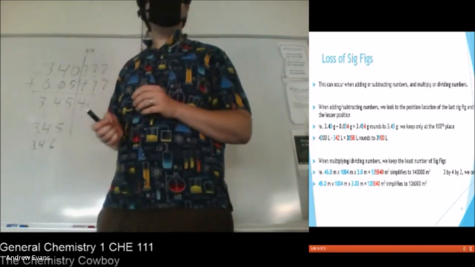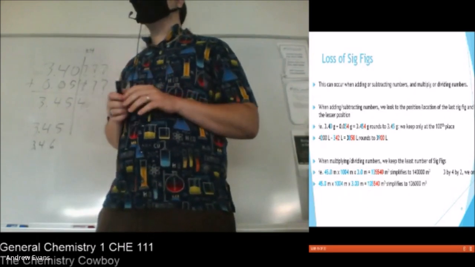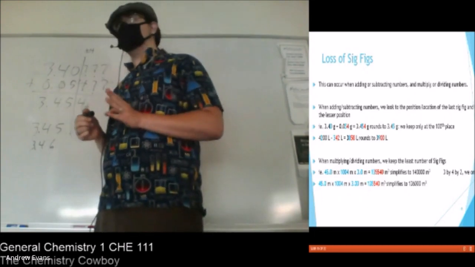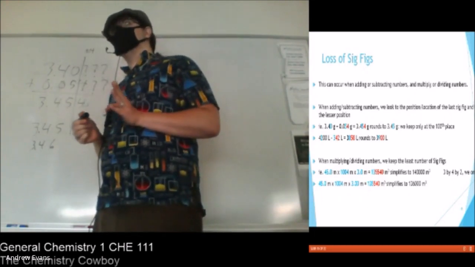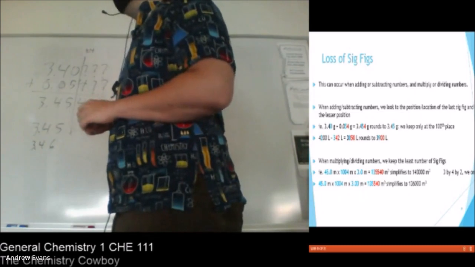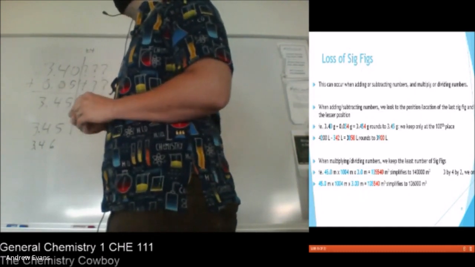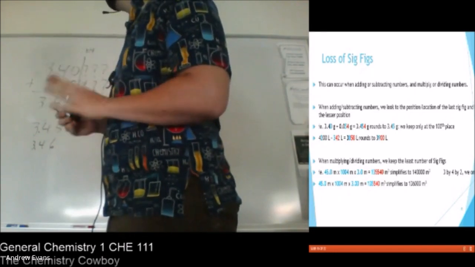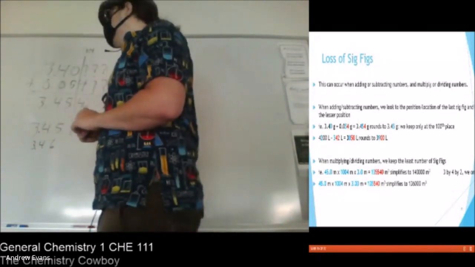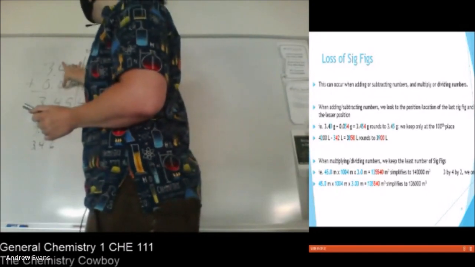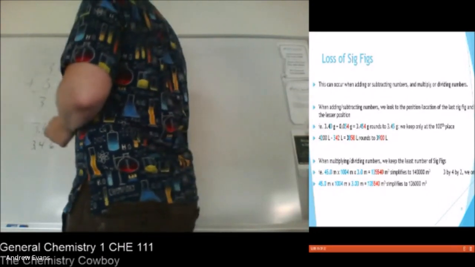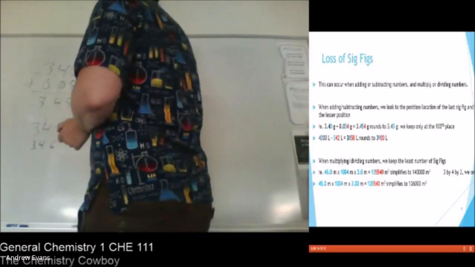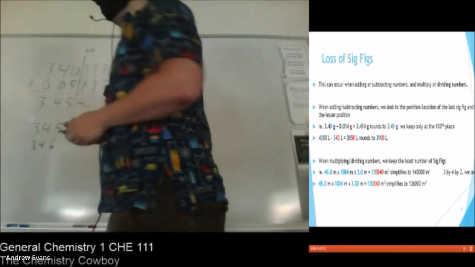I know it's between there, but I don't know any more accurately than that. I know this is tricky. I know this is not the most fun math because it's very weird and obtuse. It's just something we have to practice. So what you want to do is line these up. Find out where the last sig digit is. And then round past there.